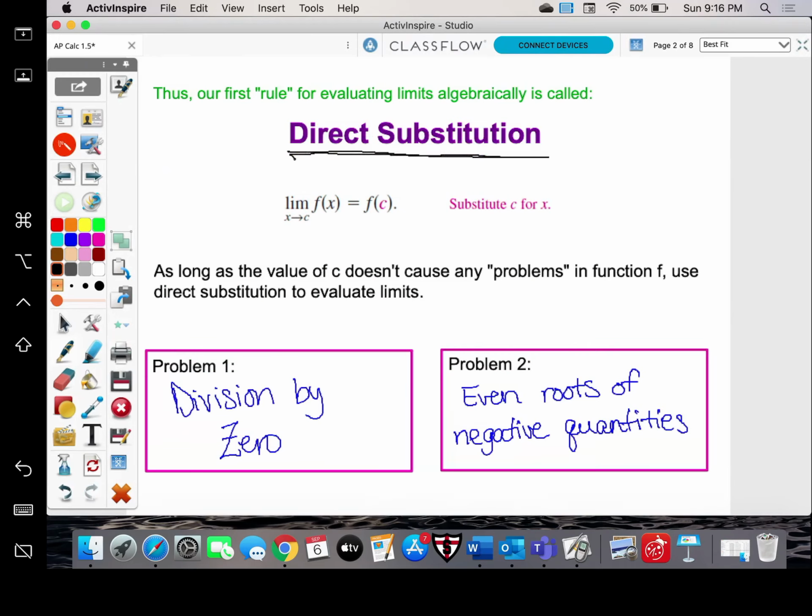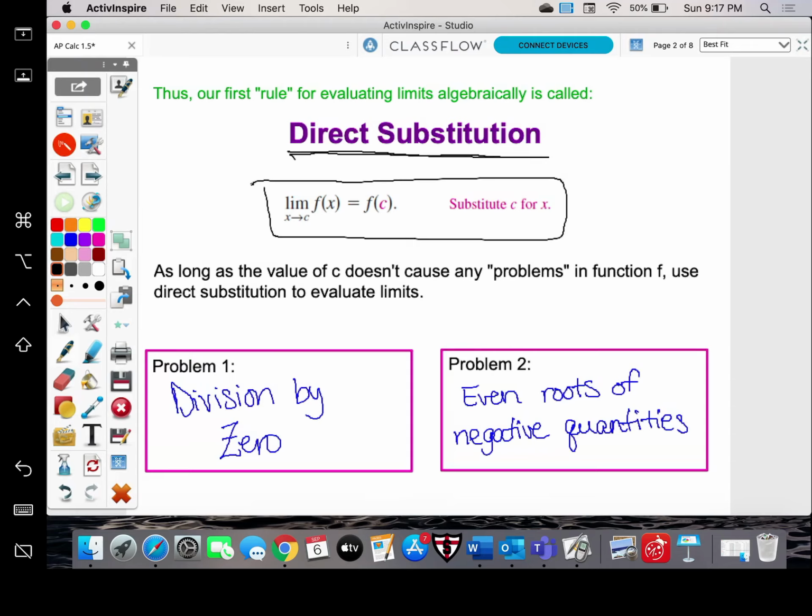So we talk about well-behaved functions and this idea of direct substitution. That literally means, here's our rule right here. You're taking the c value and plugging it into whatever the function is for the x value. Well-behaved functions are anything that doesn't cause a division by 0 or doesn't have an even root, so square roots or fourth roots, sixth roots, of negative quantities.